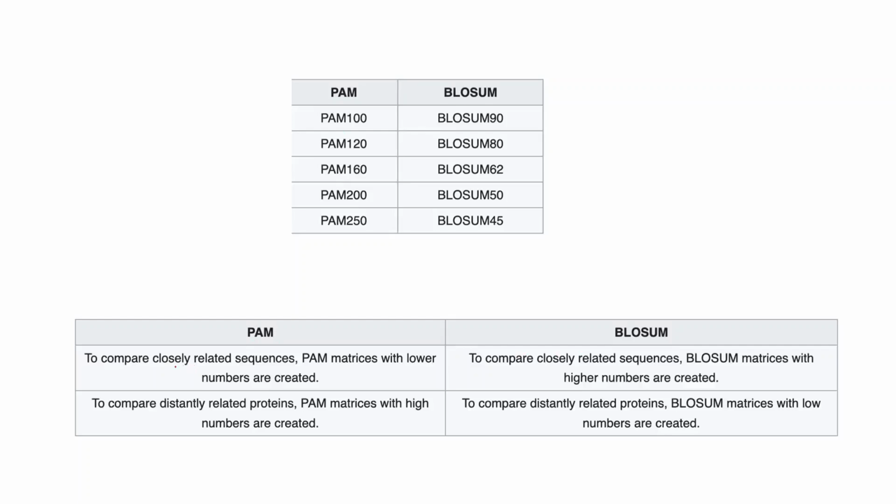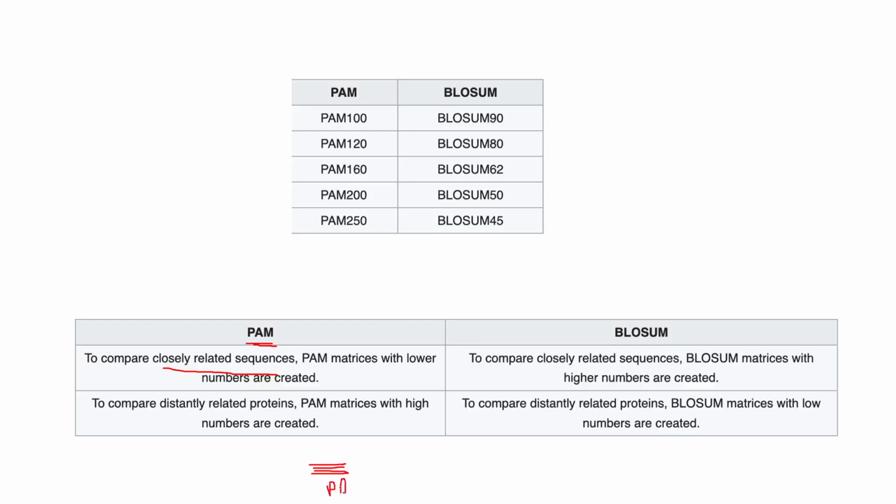When you are comparing closely related sequences, you know that two sequences are close, but how close they are, that time you need to use the PAM matrix. Suppose your two sequences are very much identical to each other, then you have to use PAM 1.